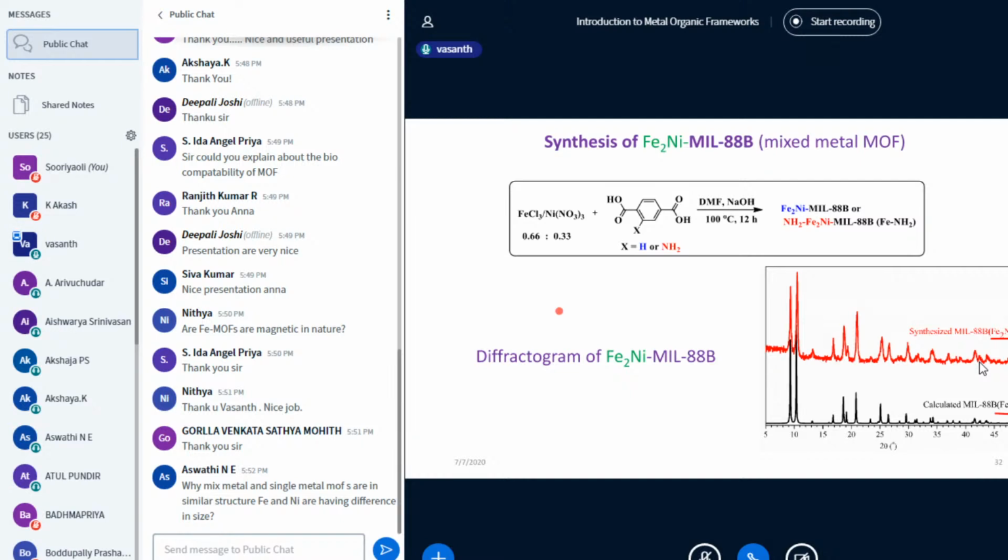I think only three metals are compatible like this: Fe3+, nickel 2+, and chromium 2+. The ionic radii of all these metal ions are similar, so the structure is retained.